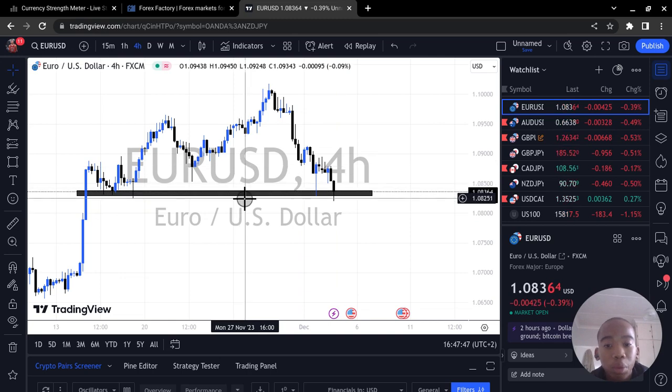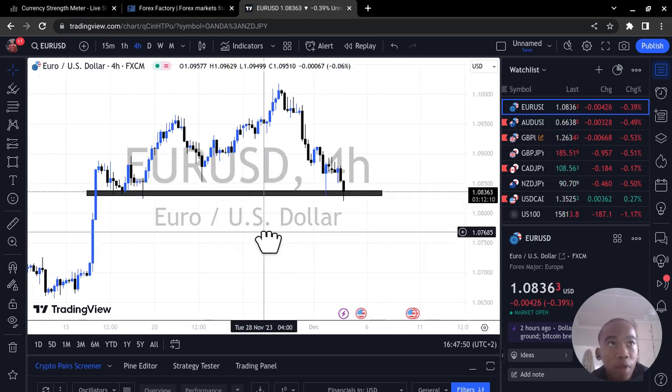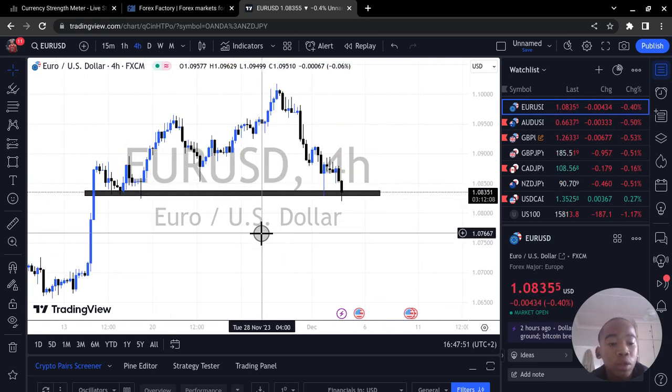I'm not going to complicate it too much, because having a bias towards one side I think is the reason why I've lost a couple of times. A lot of the times I had a bias of being neutral and let the market show me what it wants to do. Not having a bias gives you a clear mind, because you're not biased towards the buyers or the sellers.